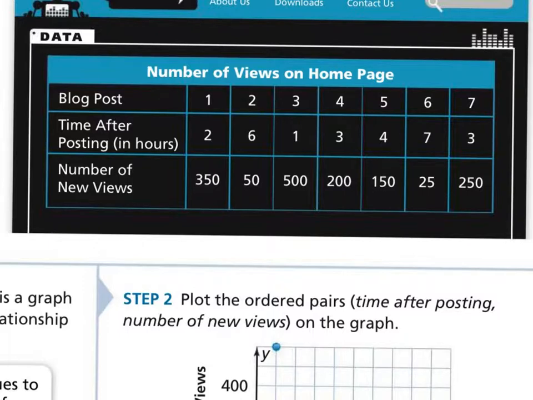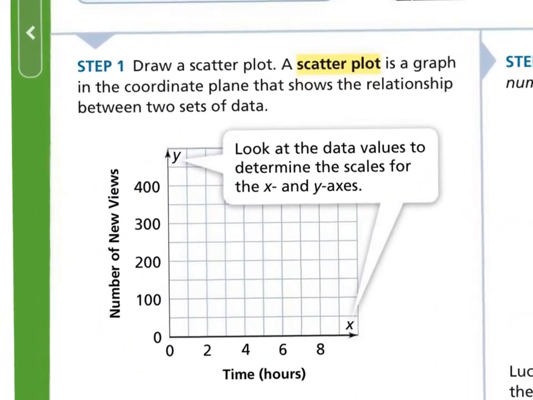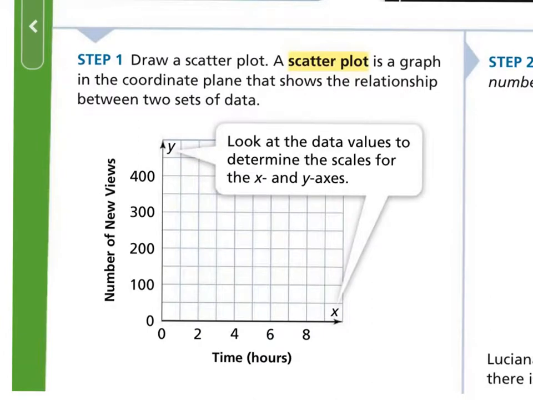What we can do with this is we can make a scatter plot so we can visualize this a little bit better. It's hard to get an idea just looking at this table exactly of what's happening maybe. So we can actually draw the scatter plot we've talked about. So a scatter plot, it's a graph that shows the relationship between two sets of data.